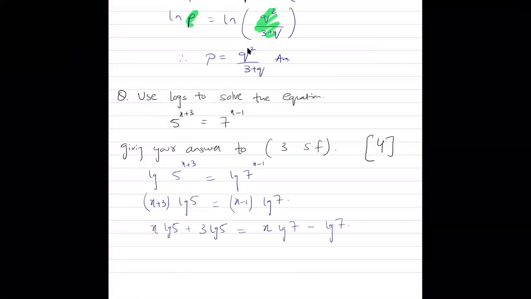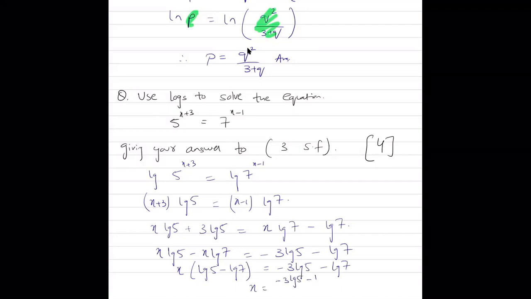So x lg5 minus x lg7 equals minus 3 lg5 minus lg7. If I take x common, I'm going to get lg5 minus lg7, which is going to go over there and divide. So the answer should be minus 3 lg5 minus lg7 over lg5 minus lg7.